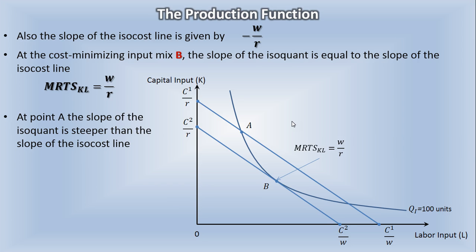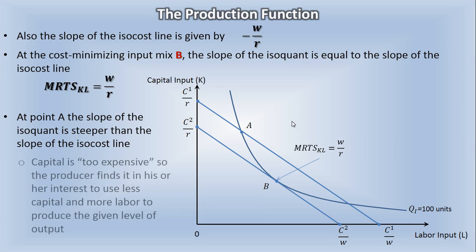And so they would move along the isoquant line to that point where they would produce the same amount of output, use more labor and less capital, and minimize their costs.